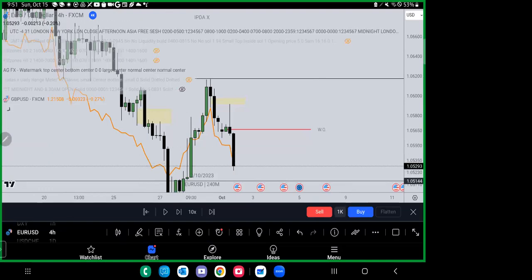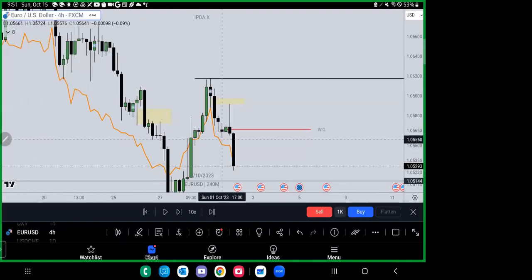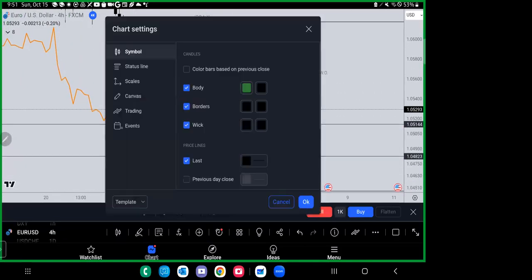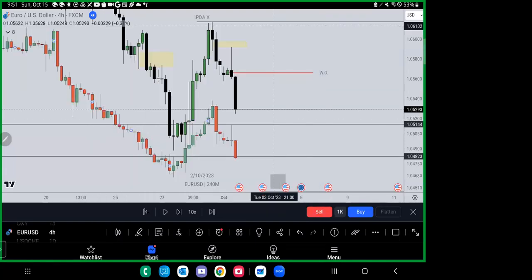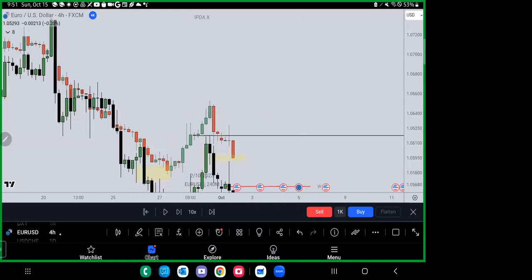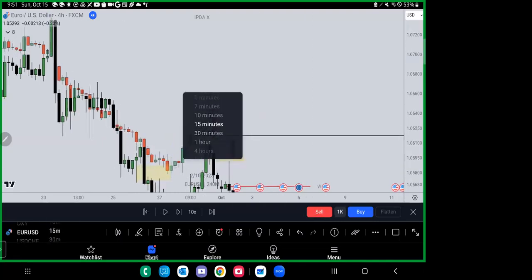All right. So that's GU. And when I'm using this tool, I like to actually pull up the candles instead of just seeing the line. So we can go to a 15-minute chart here.